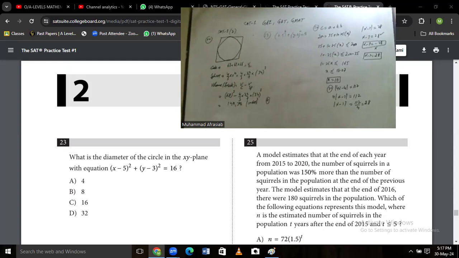And we have to find out the diameter of this circle.